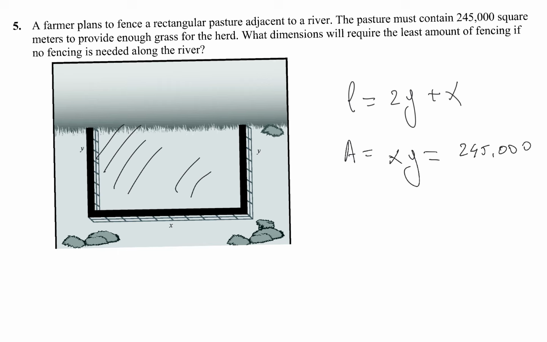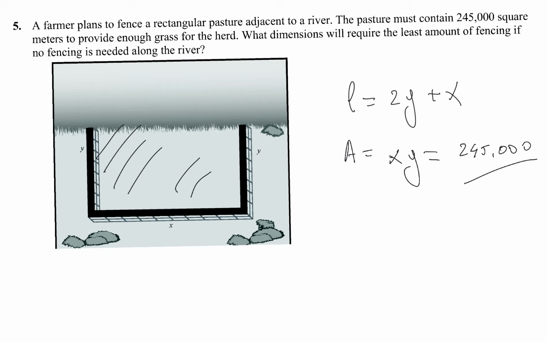245,000 square meters. So what are the dimensions of this? What is the shape of this rectangle that you minimize the amount of fence? Well, you maintain the amount of area the same.